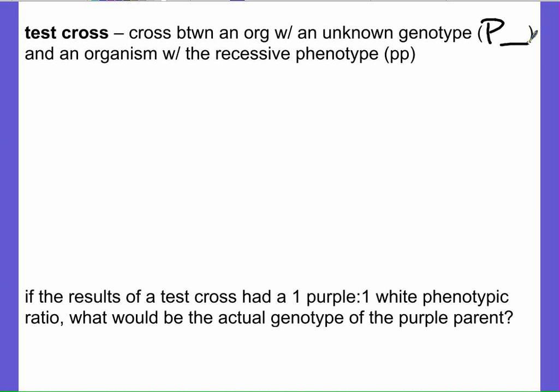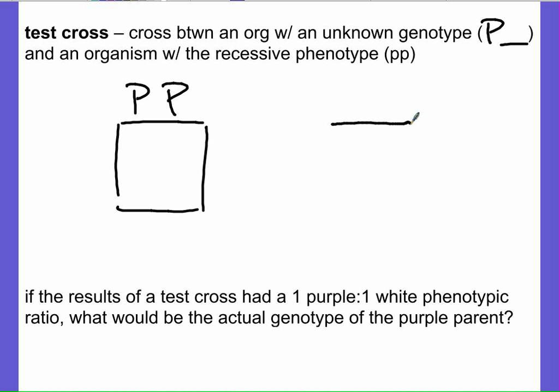In a test cross, you're going to cross that organism with the unknown genotype with an organism with the recessive phenotype. In this case, that would be the white flowers. So I cross one of those purple flowers from the third generation with a white flower, and I can find out what it is at the end of the day. Really there's only two options. It was either going to be homozygous dominant or heterozygous, capital and lowercase.